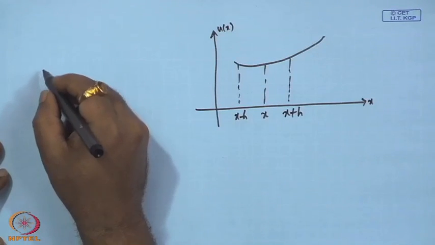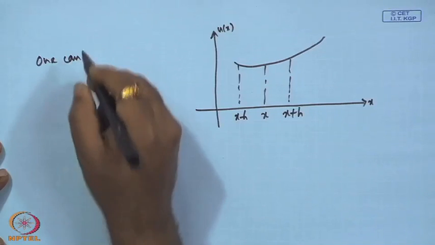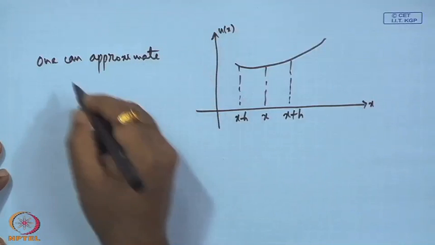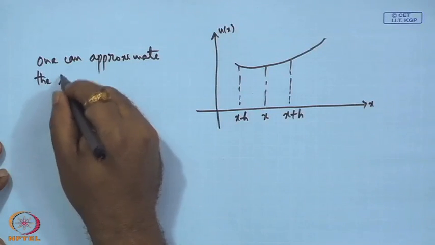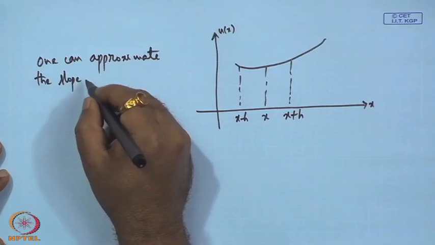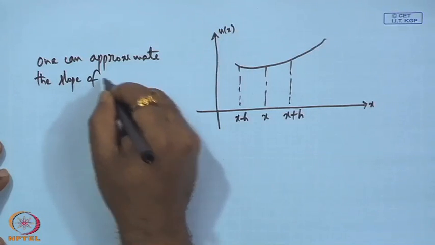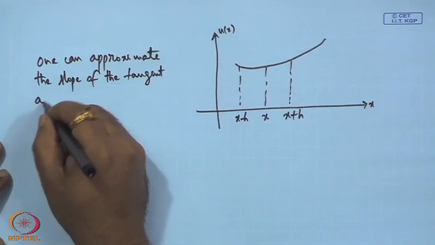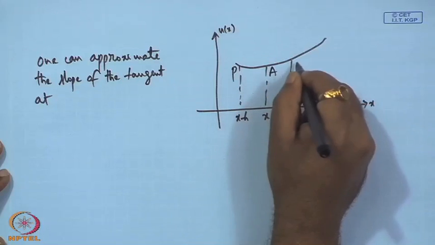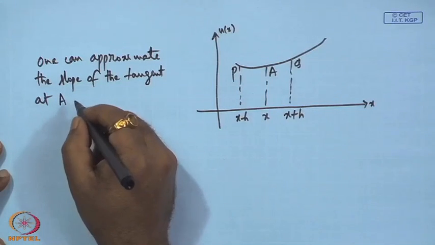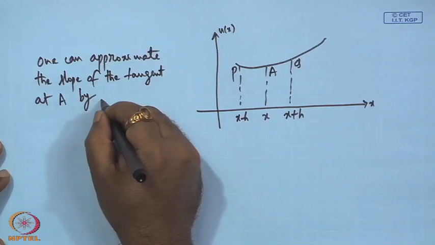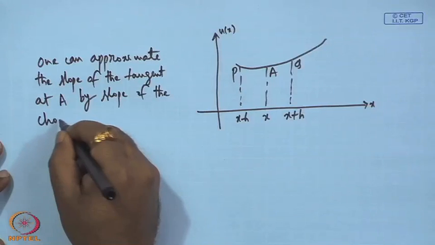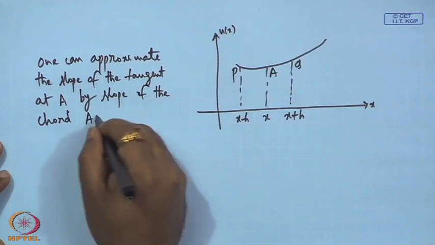So, now one can approximate the slope of the tangent at, so PAQ, let us call it A, by the slope of the chord, earlier PQ.